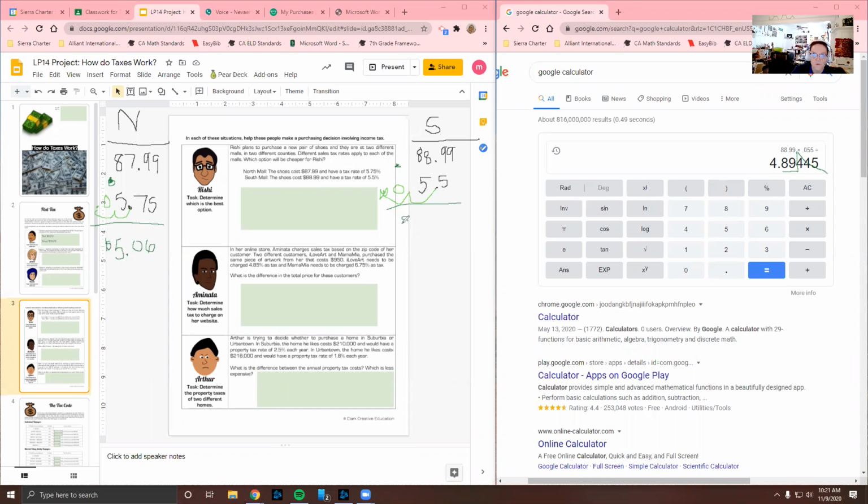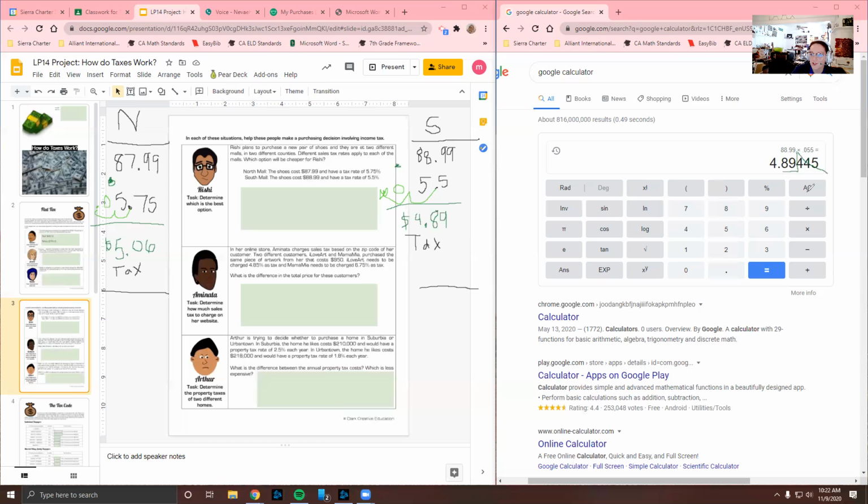So this tax is $4.89. Okay. So what we've first figured out is just what we are paying in tax. Okay. Now we want to figure out how much do the shoes cost in total.